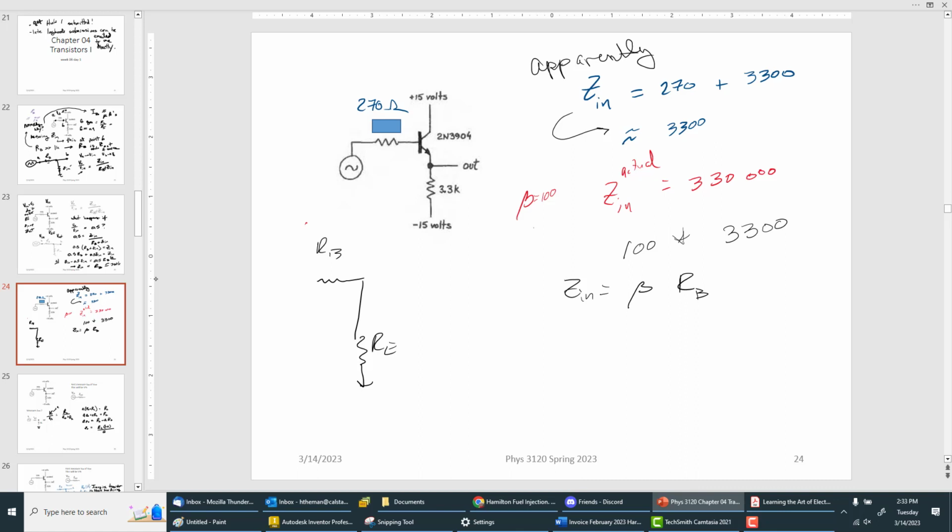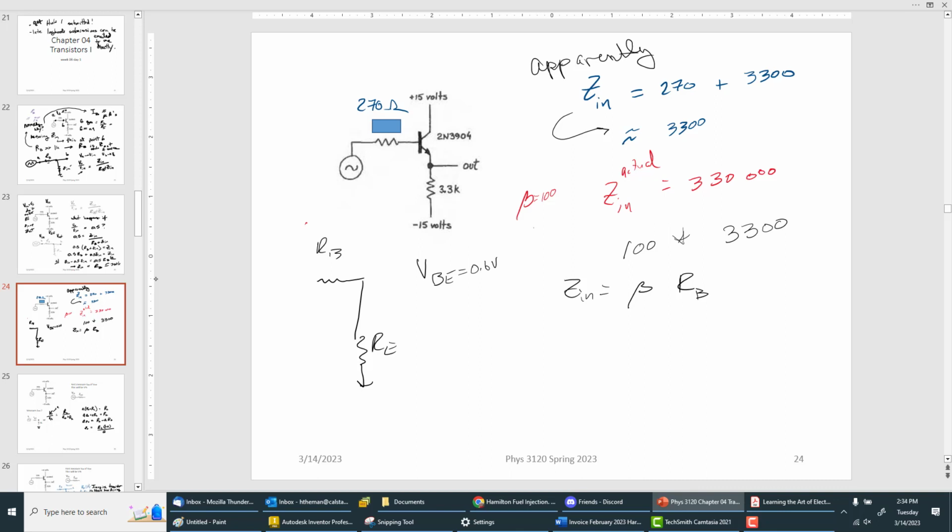Because remember, R base determines the current. You have the small voltage drop from V base emitter about 0.6 volts. And this is why the gain of the emitter follower is about 0.9.